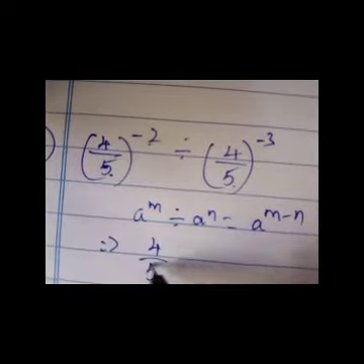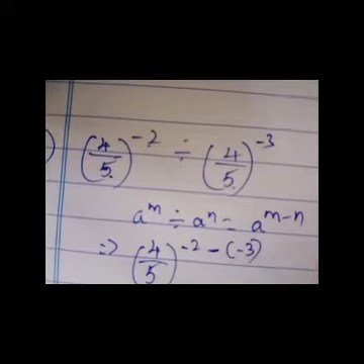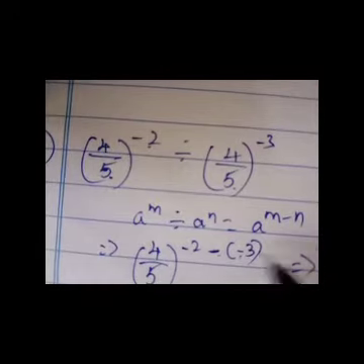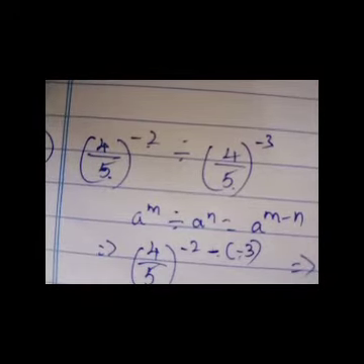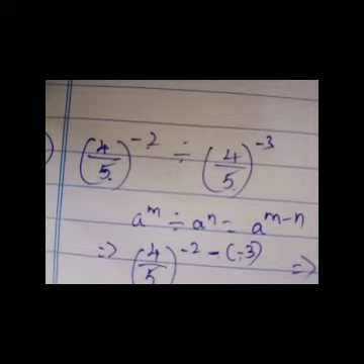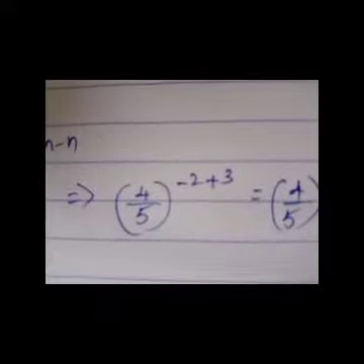So (4/5) to the power -2 minus -3, and you know very well the number should not have two signs, so multiply the sign. Minus into minus is plus, which is equal to (4/5)^1, which is equal to 4/5.